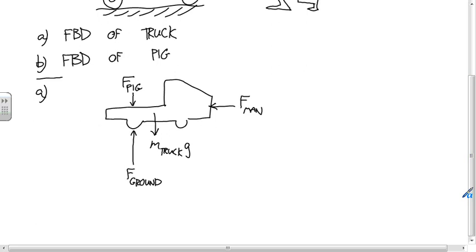Okay, so now let's go on to the pig. So first, we know we're going to draw the outline. That is a terrible pig. Okay, a little better. Okay, so there's the outline of the pig.